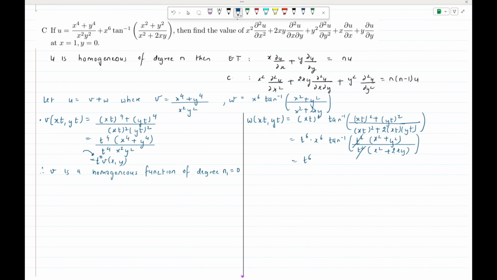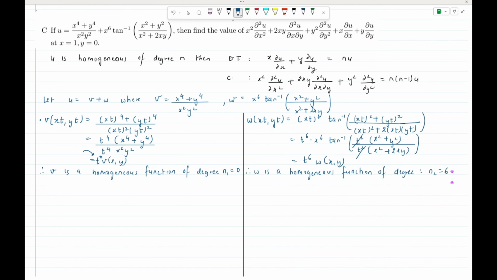Whatever part is left is nothing but w of x comma y. Here you can see that the power of t is 6. So we can say that w is a homogeneous function of degree n2 equal to 6.